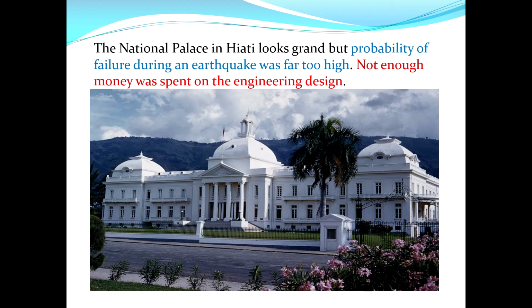But we have to be a little bit careful with this because, for example, the National Palace in Haiti looks grand, but the probability of failure due to an earthquake was far too high. So they didn't spend their money on the right aspects of the design of this particular structure.